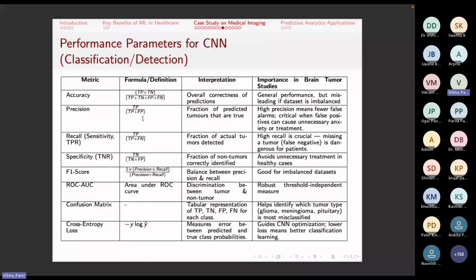However, recall is a really very important element, which is the ratio of TP upon TP plus false negative. If you are saying that you are not suffering from cancer in spite of the fact that you are suffering from cancer, that is a very dangerous thing.